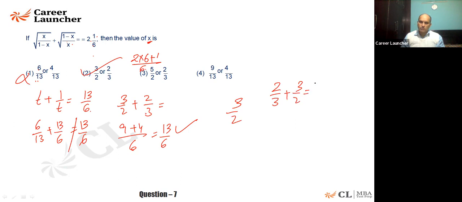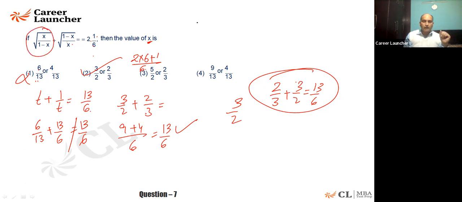The reciprocal of that is 3/2, which also gives you 13/6 as your answer. Even if you are not aware of it, I'll take it as t. This is the reciprocal.